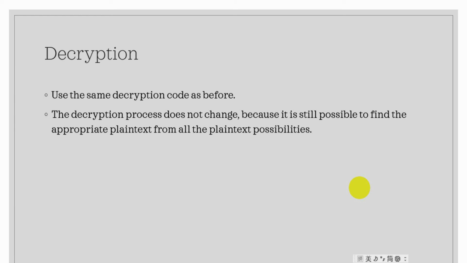If we encrypt it using the offsets from 1 to 25, and then look at all of the possible plaintexts, then we can find the appropriate one that is readable, and use that as our plaintext. So here's the decryption code.